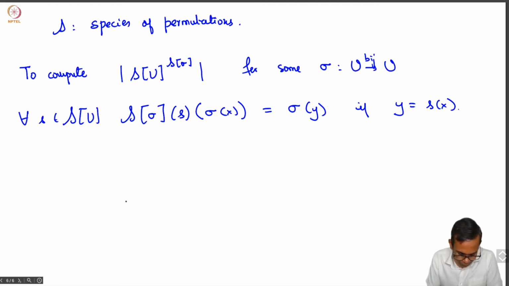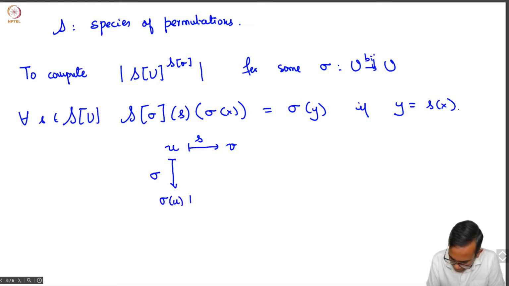Another way of thinking about this visually is that if under s, u goes to v, and under sigma, u goes to sigma u, then under s, sigma u goes to sigma v.